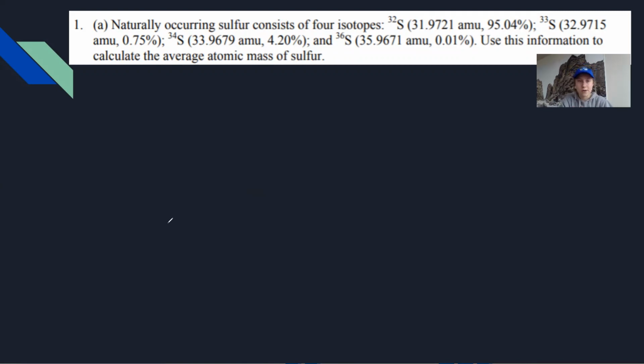So what we need to do is, I'll do the first one. So sulfur 32. Whoa, that's big. Sorry guys, I'm really bad at drawing on the computer. But so that's 31.9721.